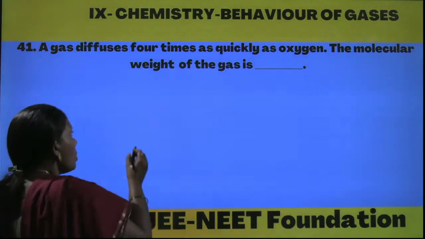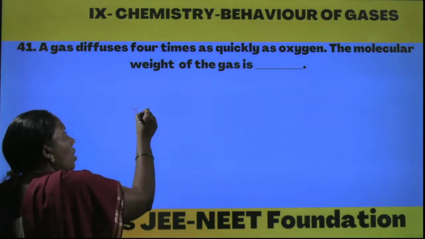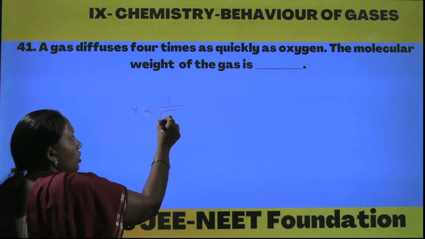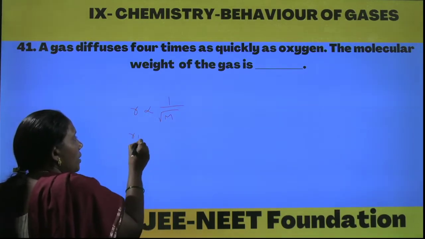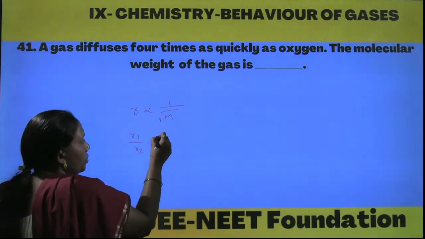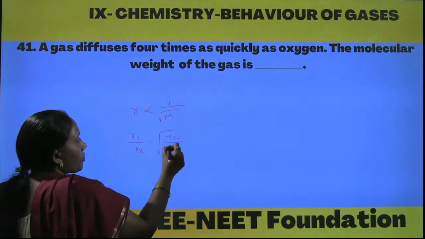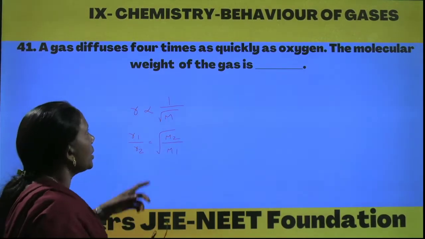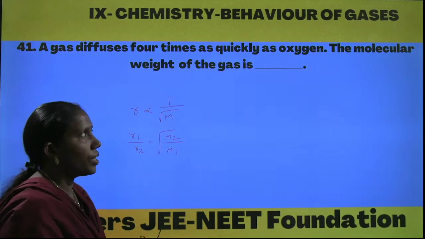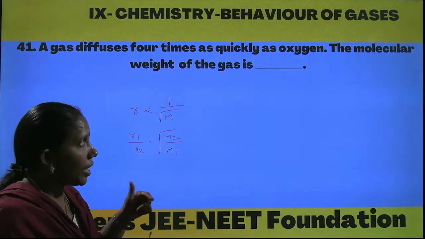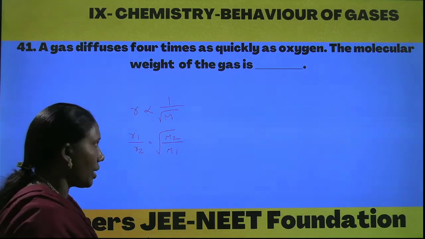Actually the formula is R proportional to 1 by root of molecular weight, then R1 by R2 equal to root M2 by M1. So here two different rates are given, one of the gas is oxygen, another gas we have to find.